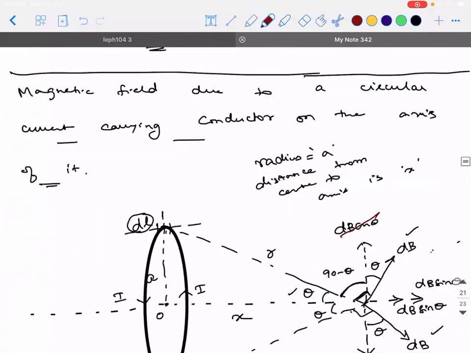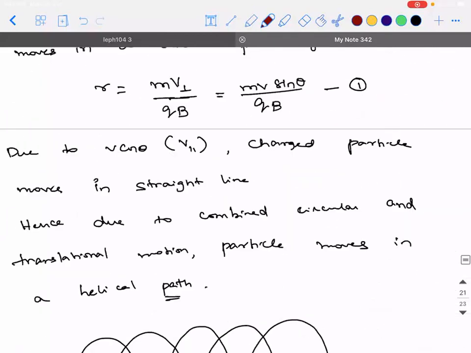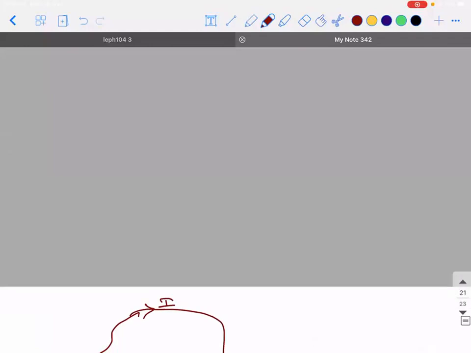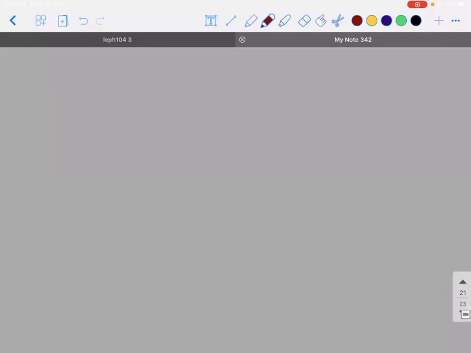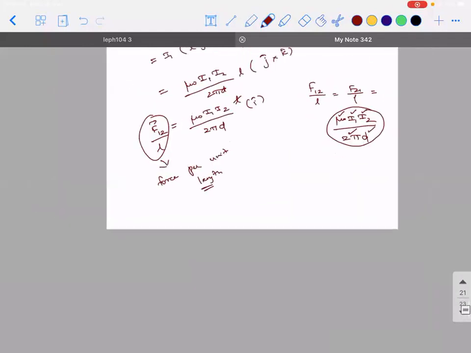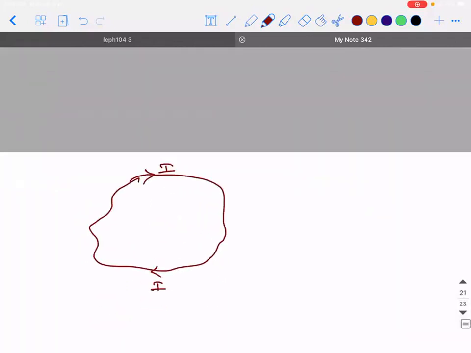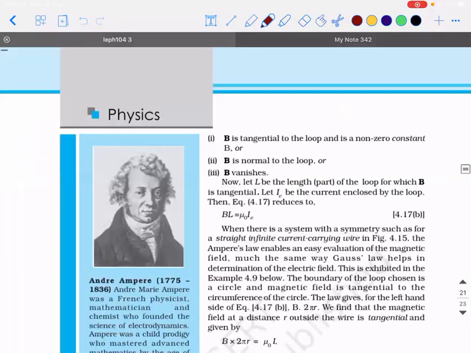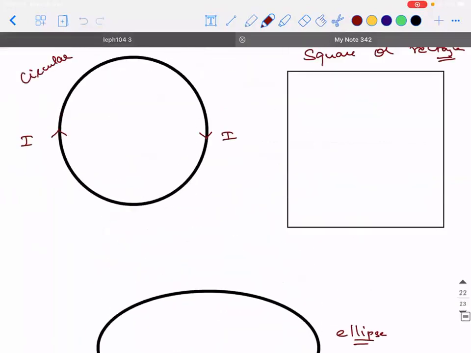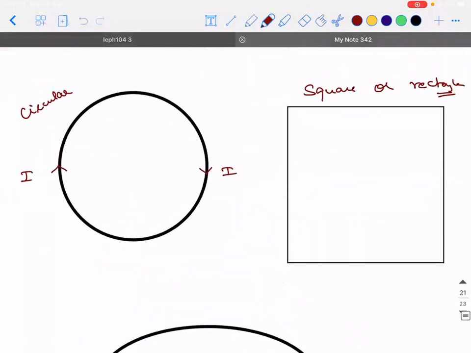So if the current is flowing in clockwise direction, then what pole are we going to see?